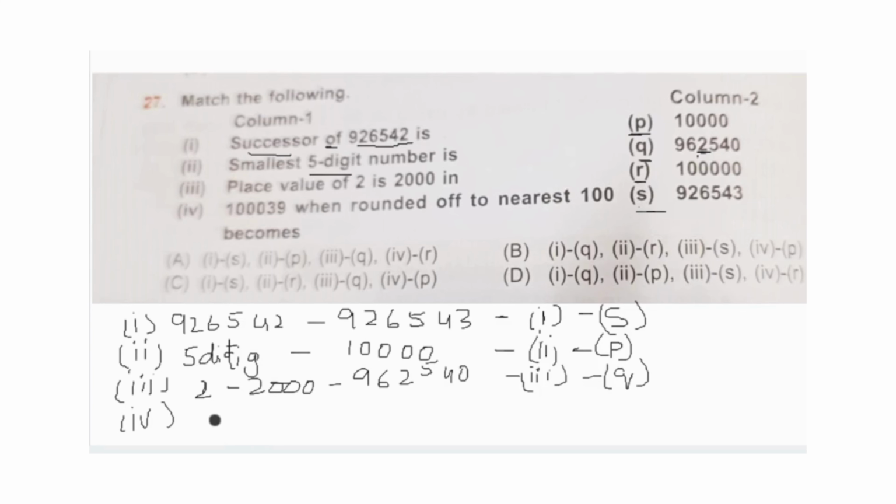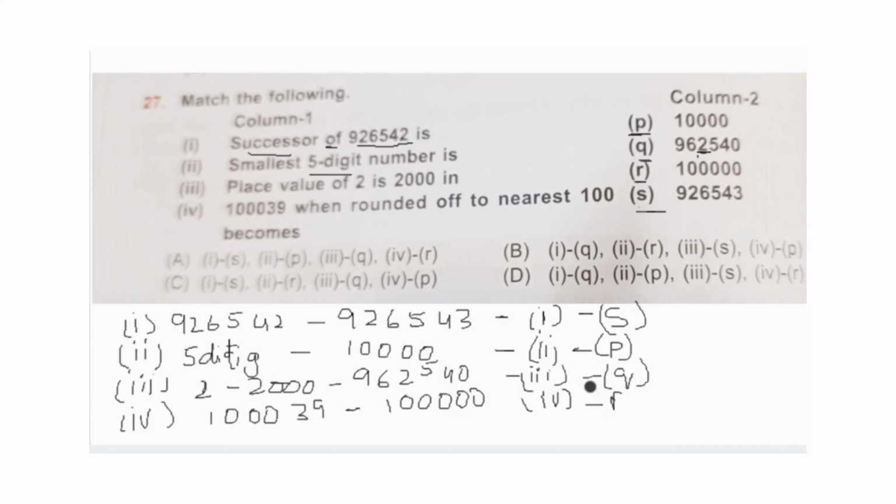So 100,039, the round off value to the nearest 100 is 100,000. So here we have option 4 that is mapped to R.